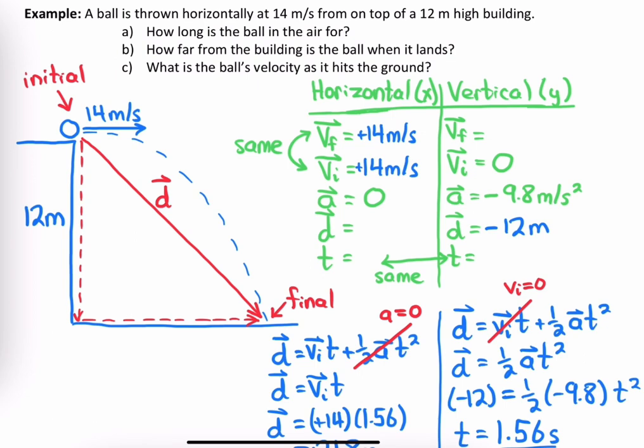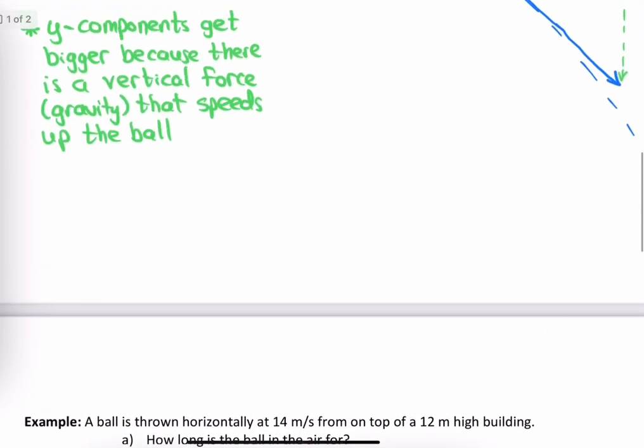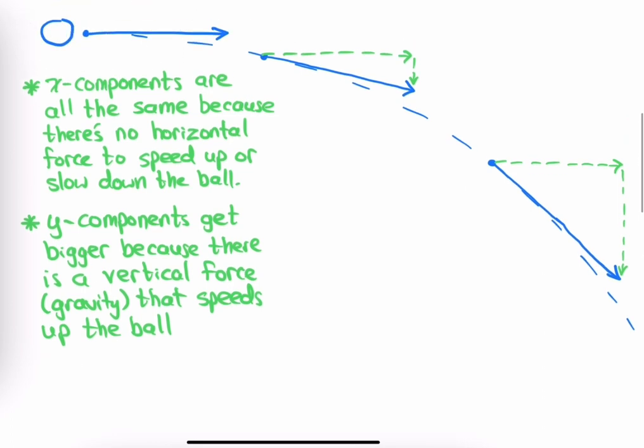This doesn't specifically say the ball's x velocity or the ball's y velocity. It just says the ball's velocity. So what it's effectively asking me for is one of these blue arrows over here. It's not talking about the components, it's talking about the full velocity itself. So as this ball hits the ground, it's going to be moving down and to the right. It's going to be moving on a slant. It will hit the ground at an angle.